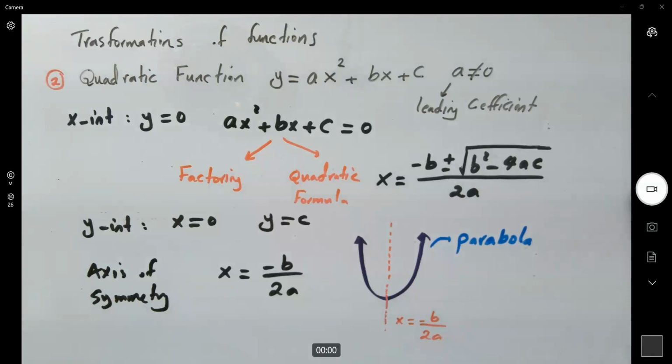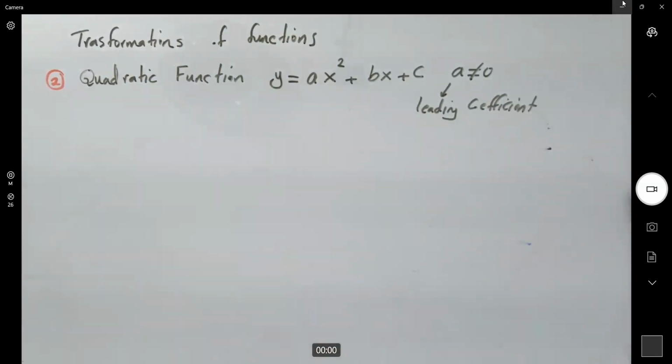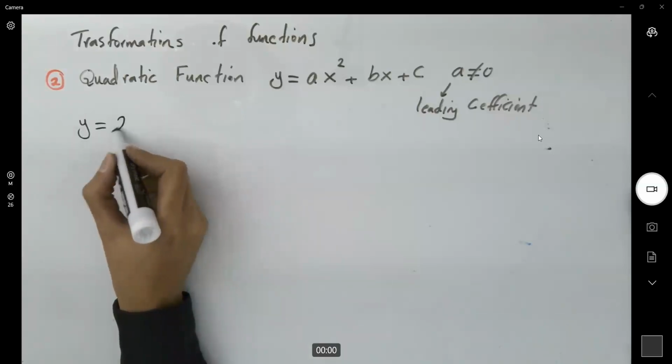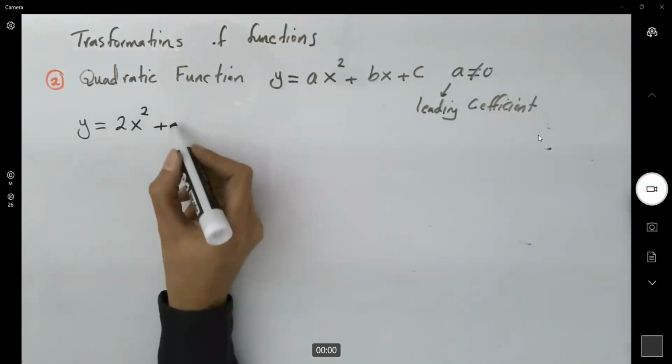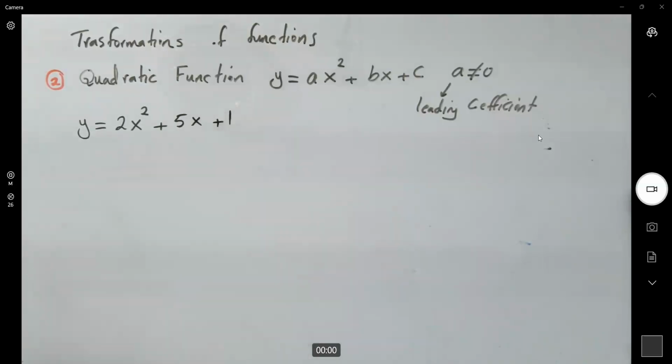Okay, now let us write one example. Suppose we have y equals 2x squared plus 5x plus 1.